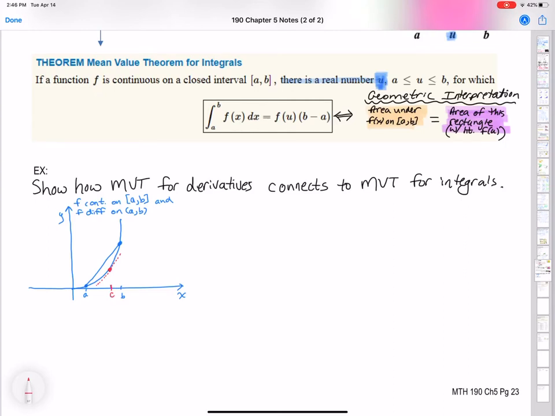So the existence of c was the conclusion of the mean value theorem.